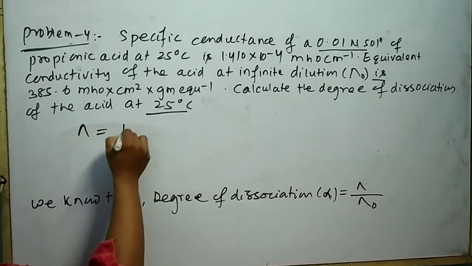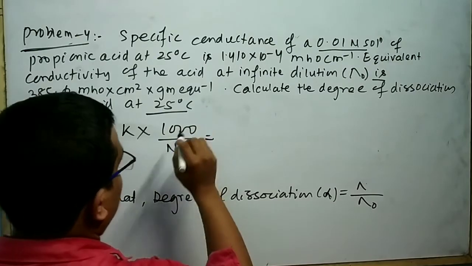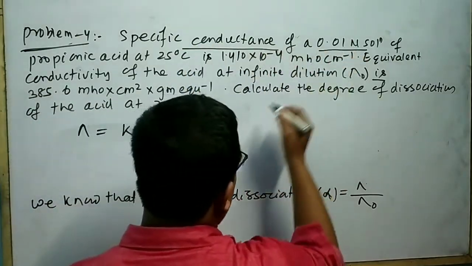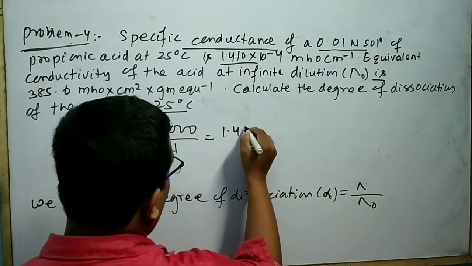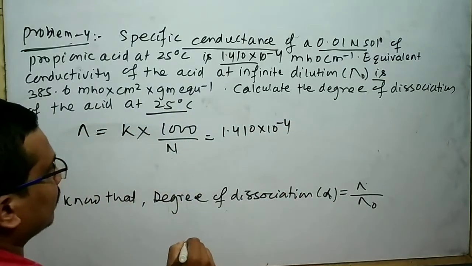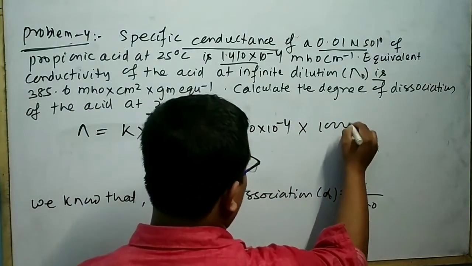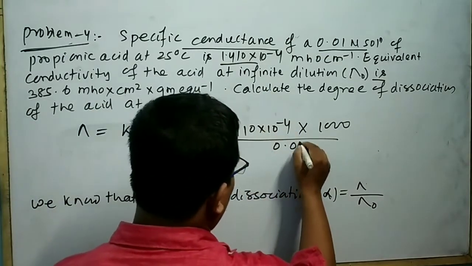Big lambda equal to K into 1000 by N. Your specific conductivity is given, that is 1.410 into 10 to the minus 4, into 1000 divided by the value of N, which is 0.01.